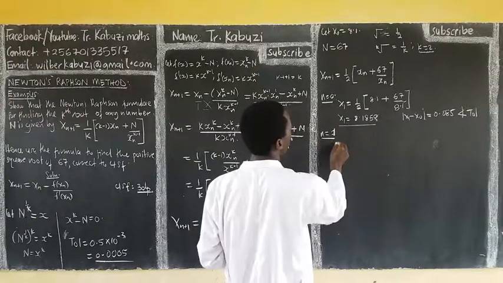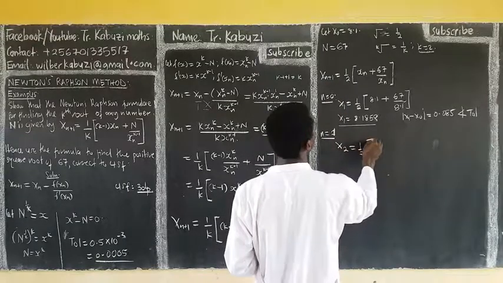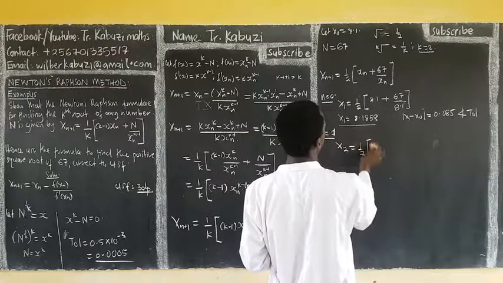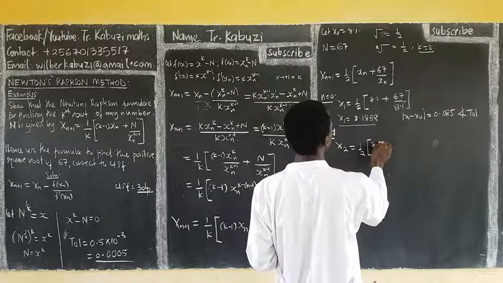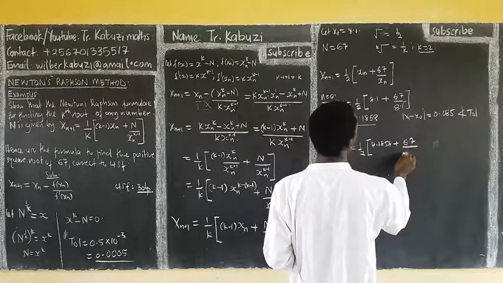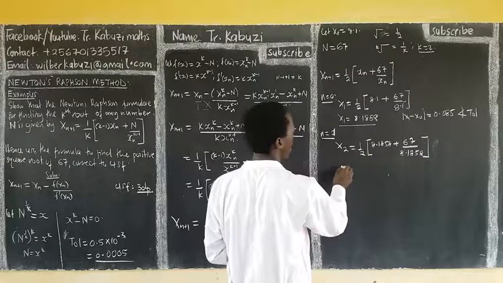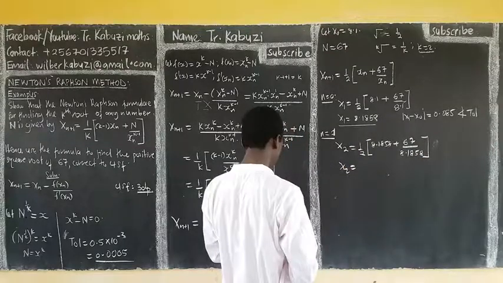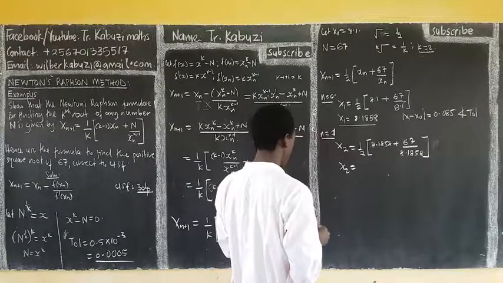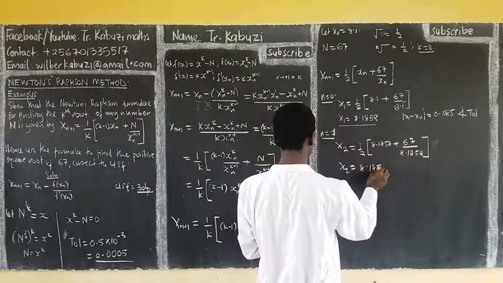When our n is 1, I'll be adding 1 plus 1, equaling 2 now. Now I use x1, so 8.1858 plus 67 over 8.1858. From there, my x2 will be 8.1854.